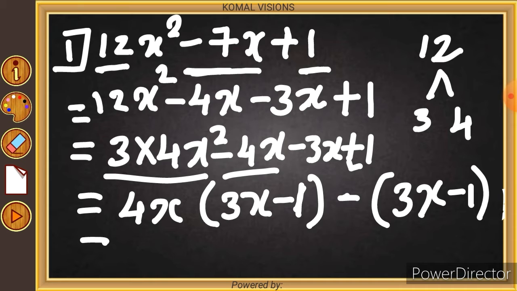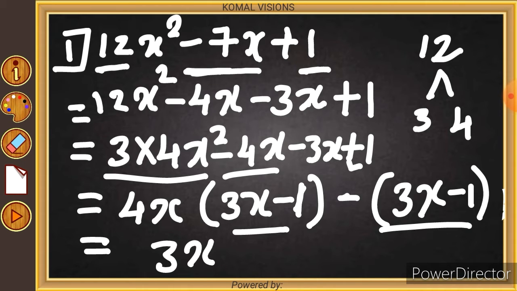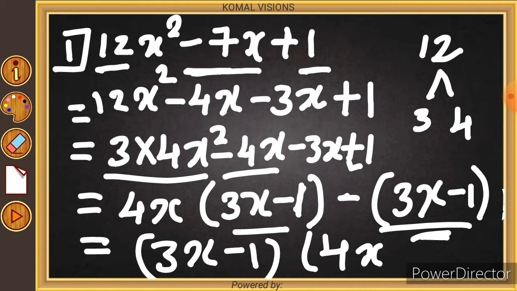Again, I have 3x minus 1 as common, so when I take this outside, I'll get 4x minus 1. So the factors are 3x minus 1 and 4x minus 1.